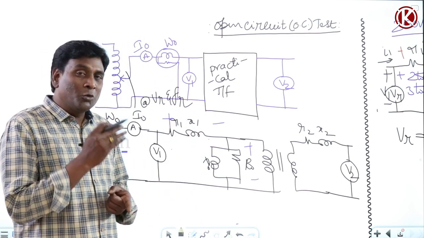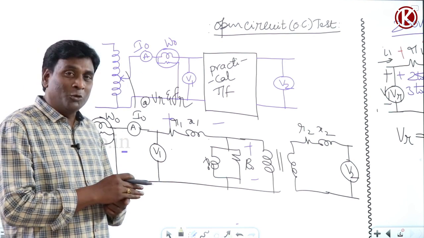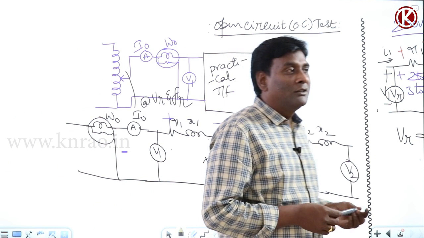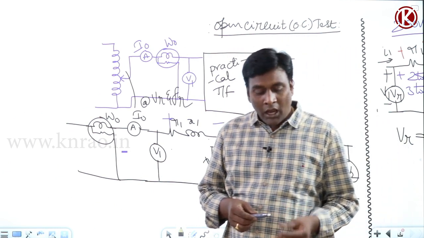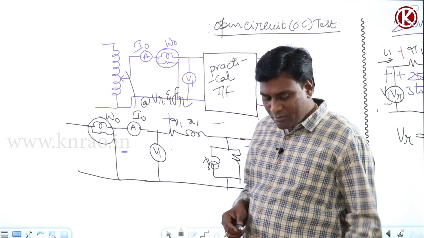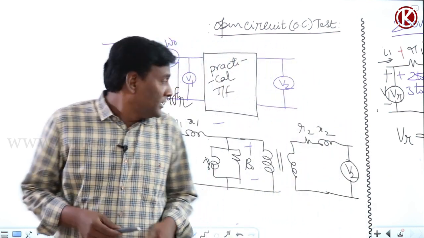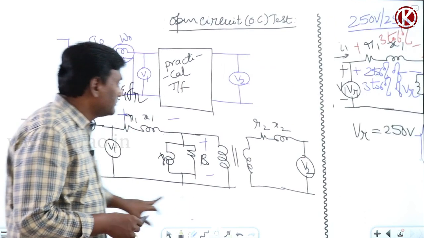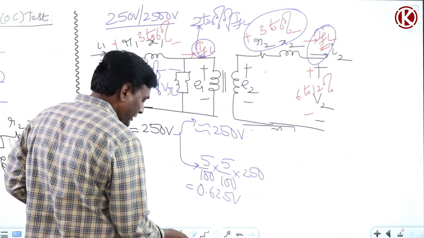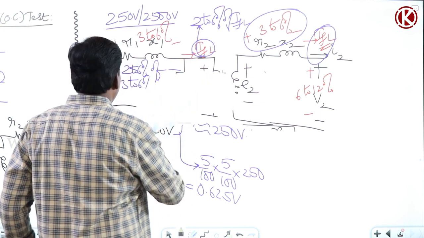Is it possible to conduct this particular OC test at other than rated voltage and rated frequency? No. And yes also. Let us see. For example, let me consider three things. Let me erase this.